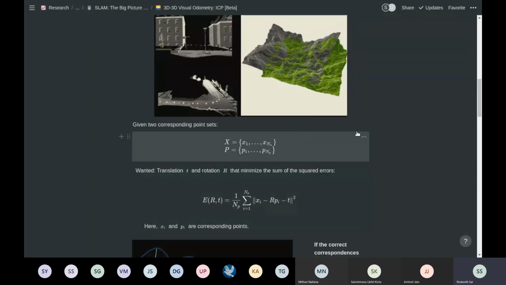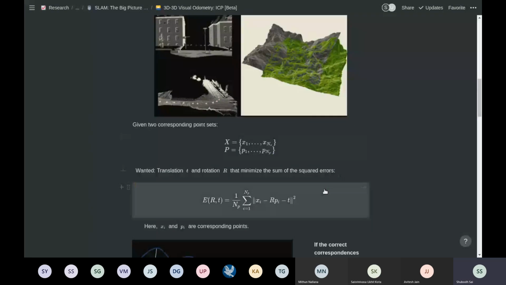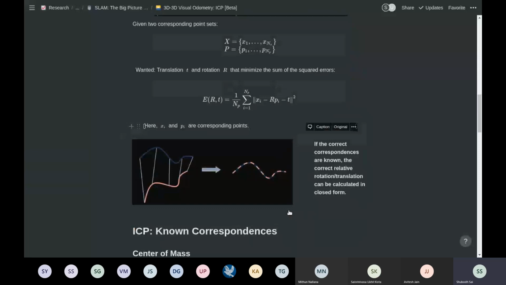Both of them are windows. It's just that they are in different frames. You can think of them as just moved by a certain distance. So this is the error function that we want to minimize.